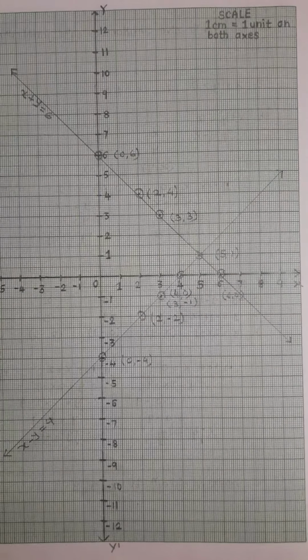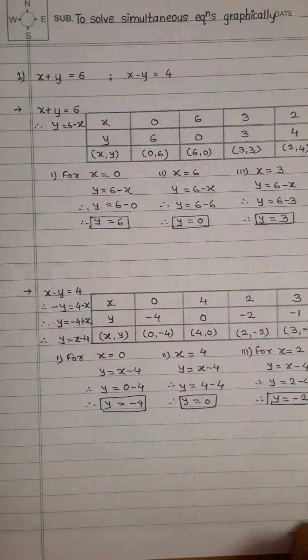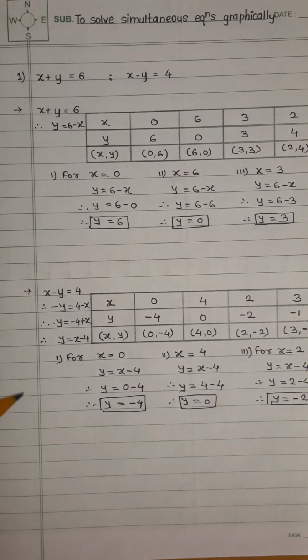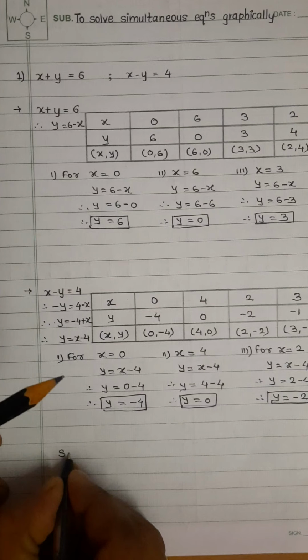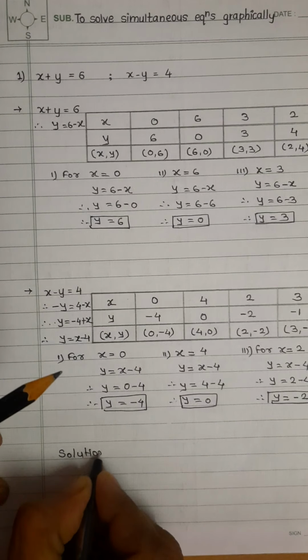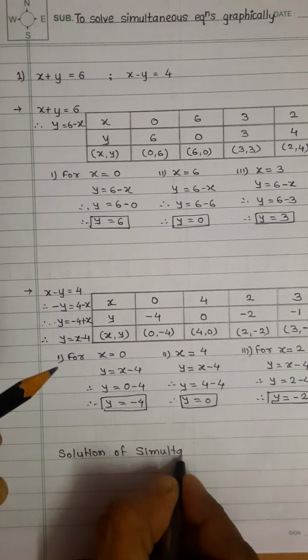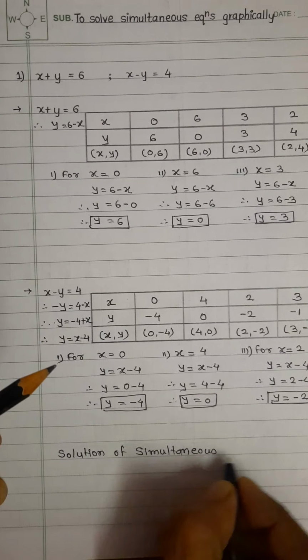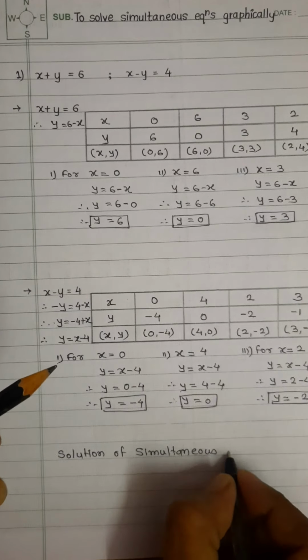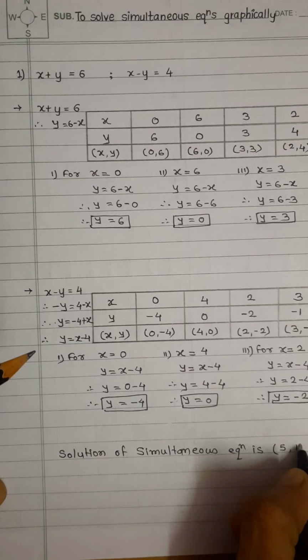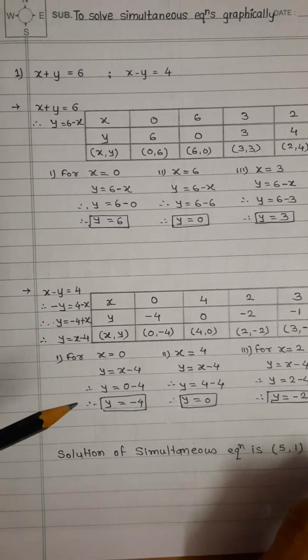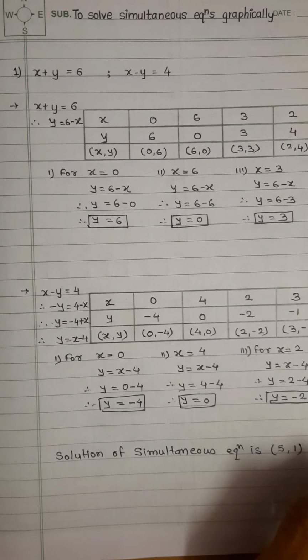Dear friend, we have to write the final answer here, that is, the solution of the simultaneous equation is (5, 1), or we can write it in another way, that is x is equal to 5 and y is equal to 1.